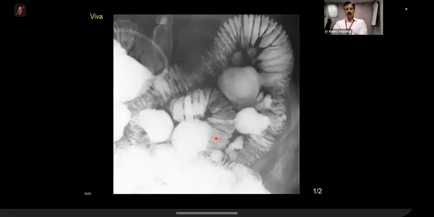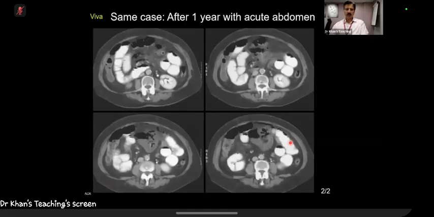Mesenteric, anti-mesenteric? Mesenteric border. And mucosal irregularity. So I'm not interested in mucosa. So your finding might be there, but what is this? You can see a neck here. Okay, same case, CT scan after 1 year.